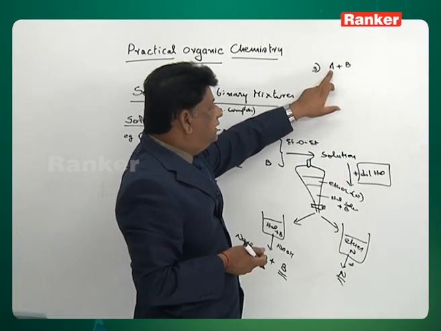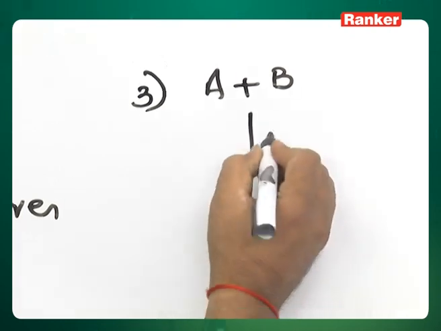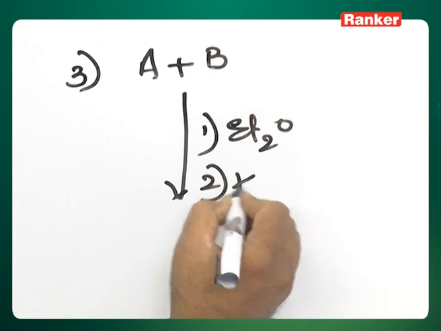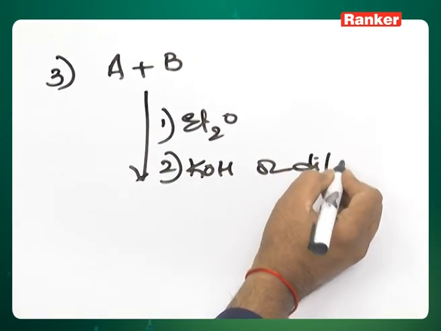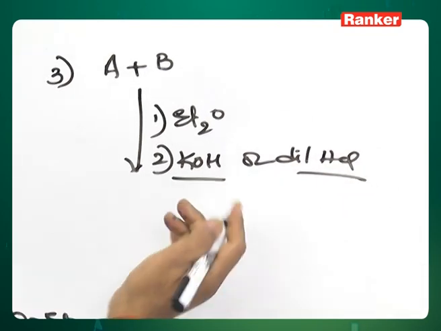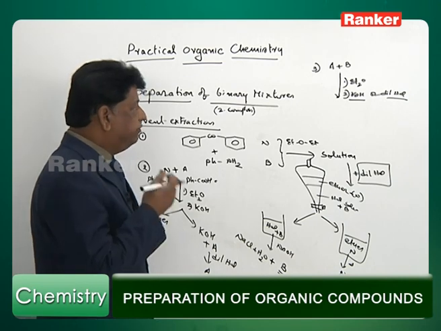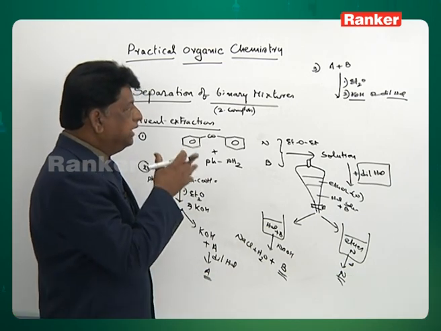If sodium hydroxide is added, the acid is extracted. So you can go for ether first, then second either KOH or dilute HCl. Either one can be used, the option is there, because acid and base are there. If it is neutral, the solvent is fixed, but here you have an option.